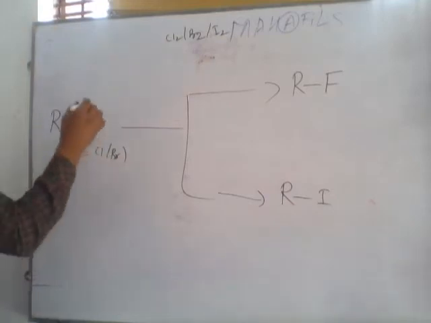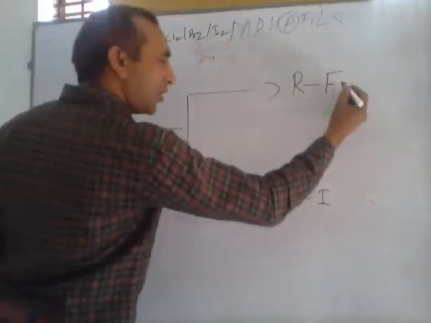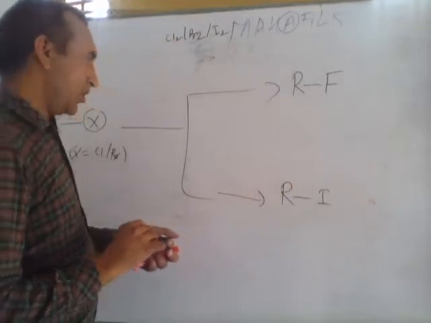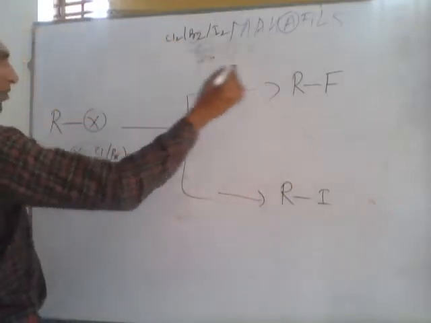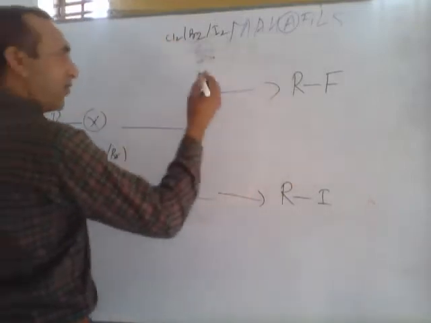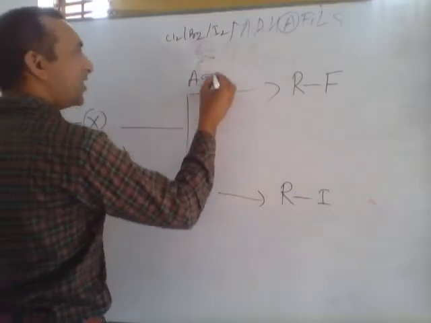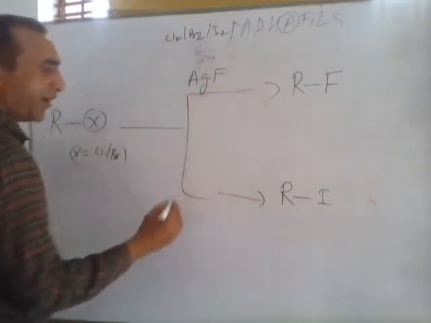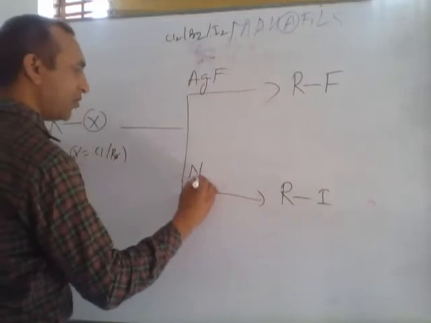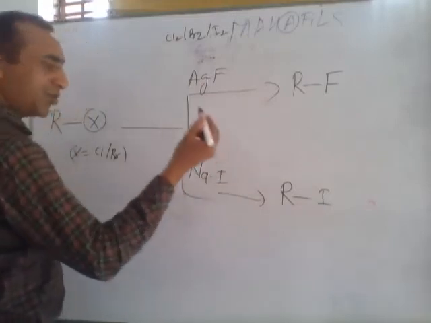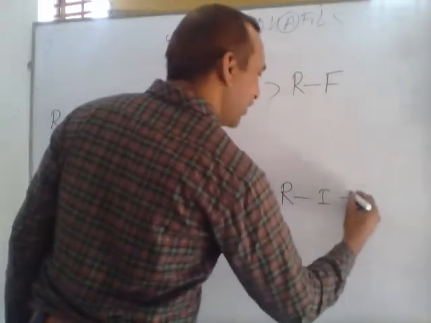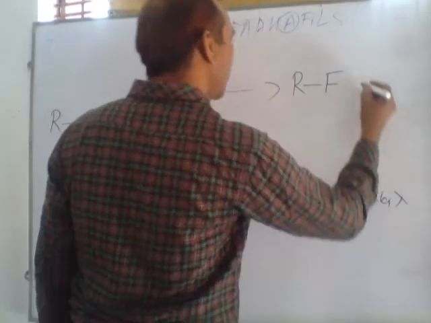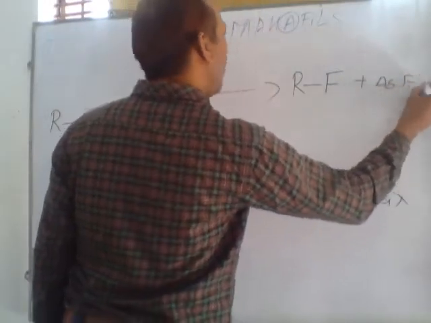We want to replace the halogen by fluorine or iodine. If we want to introduce fluorine, we use AgF, silver fluoride. For iodine, we use NaI, sodium iodide.